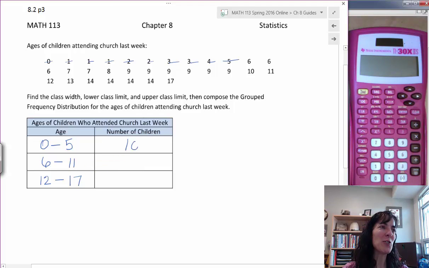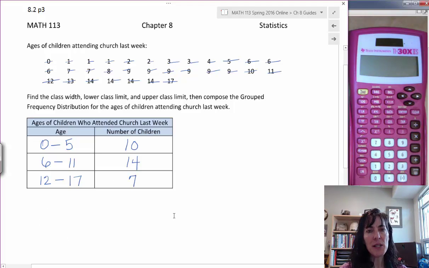So I had 10 children that were between 0 and 5. Then 6 to 11, so I'm going to count them. 1, 2, 3, 4, 5, 6, 7, 8, 9, 10, 11, 12, 13, 14. So just 14. And then 12 to 17, I have a few.